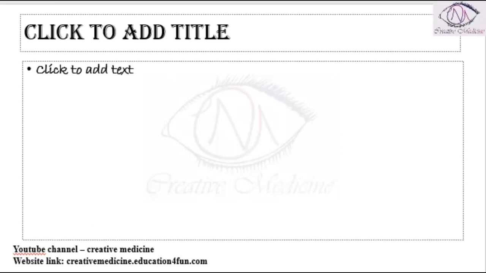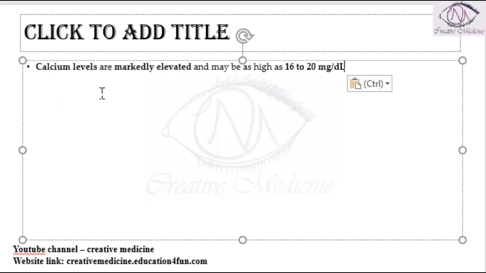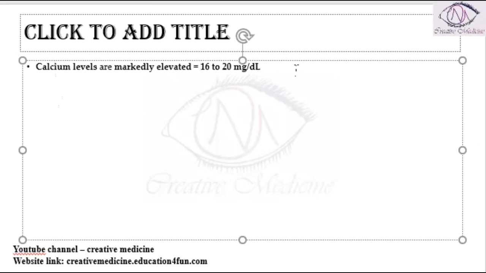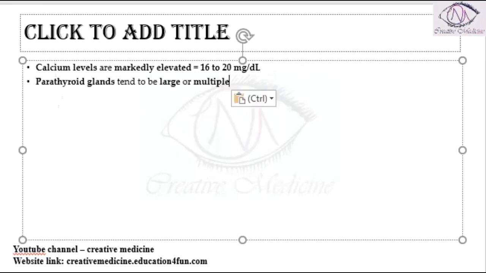In this condition, the calcium levels are found to be elevated to almost 16 to 20 milligram per deciliter. The parathyroid glands will be large and multiple, and the tumor may be palpable in these conditions.